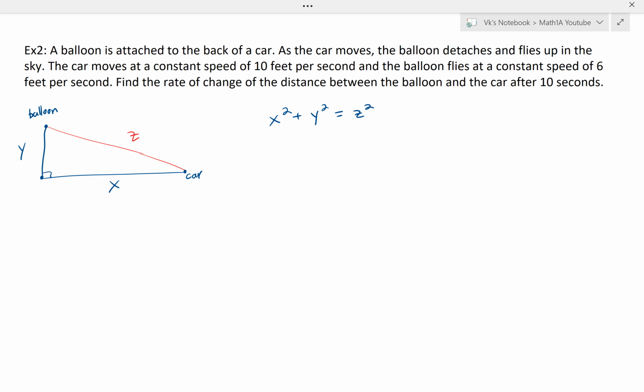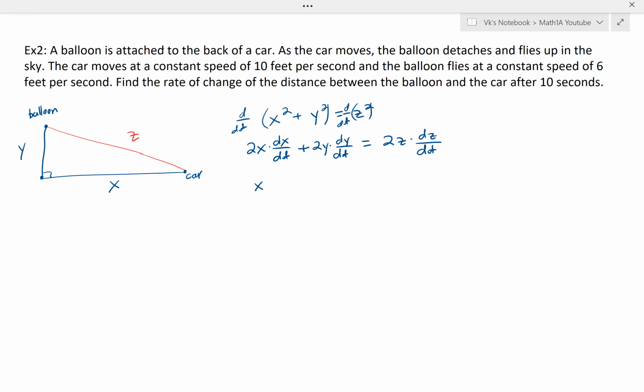From here, we can take the derivative of both sides with respect to t. And we have 2x times dx over dt plus 2y times dy over dt equals 2z times dz over dt.